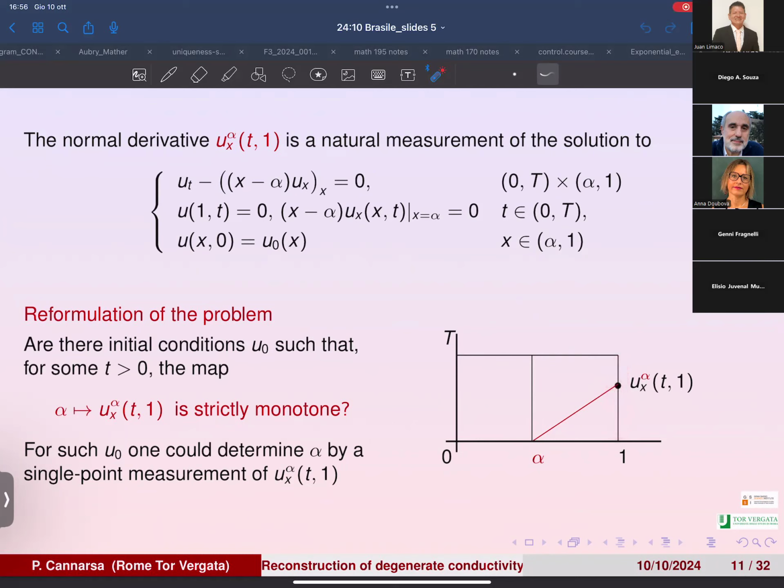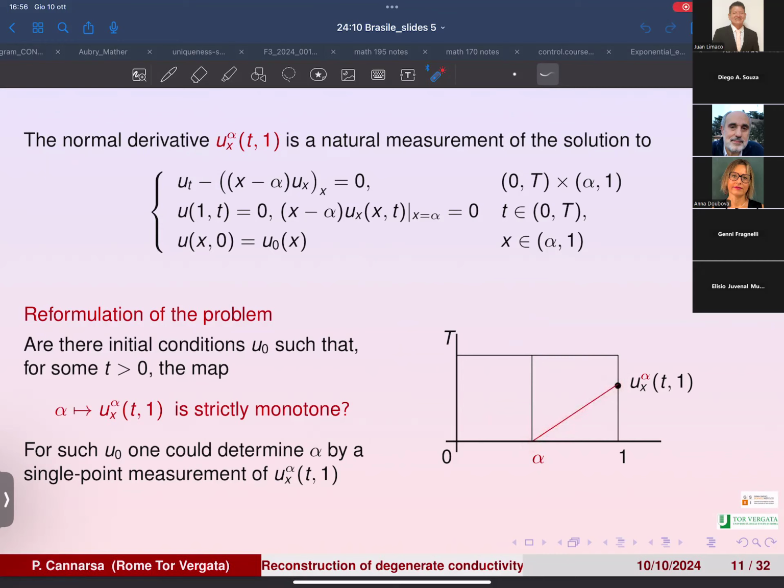So the question becomes, now, for each alpha, I have a unique solution, u alpha, of the problem, and I have the value of the normal derivative at 1, at time t. So is this map from alpha to the normal derivative monotone?